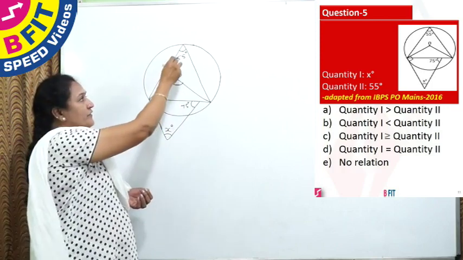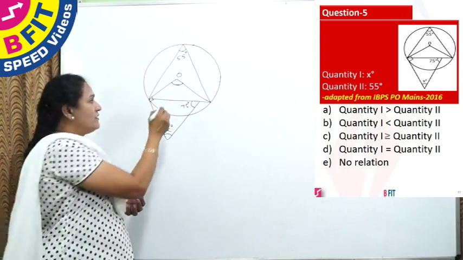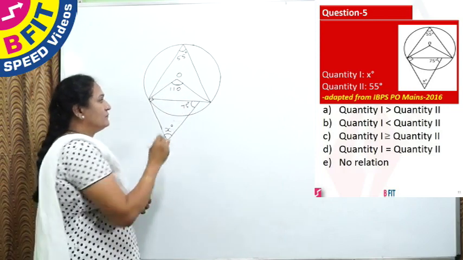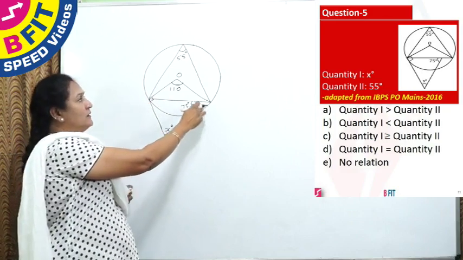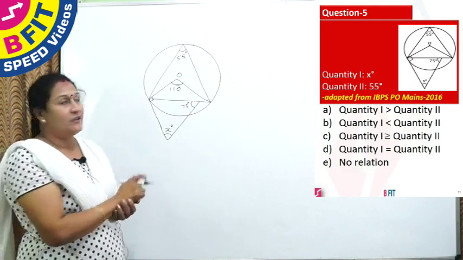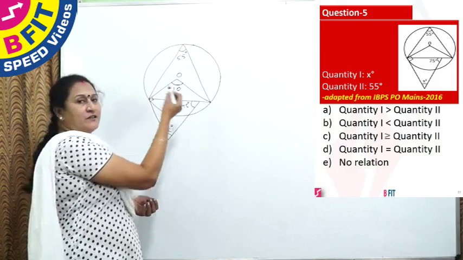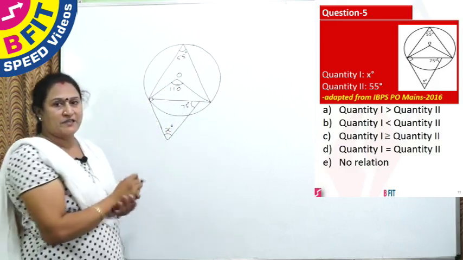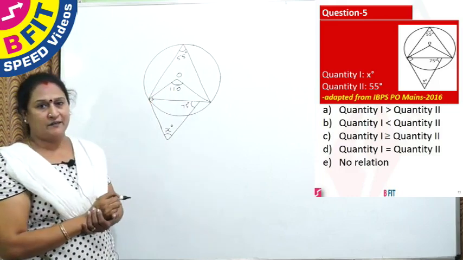So if this is 55, the angle will be double of this 55, which is 110. Starting from these two same points, the angle formed at the circumference will be half of the angle formed at the center. If this is 55, the angle formed at the center will be double. So if this is 55, this is 110.